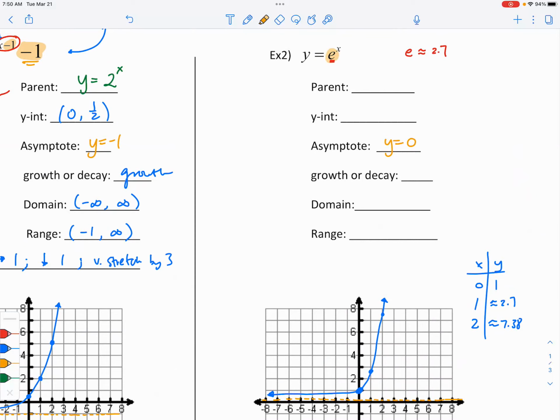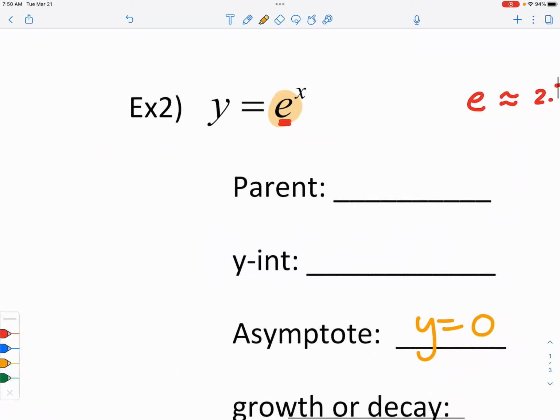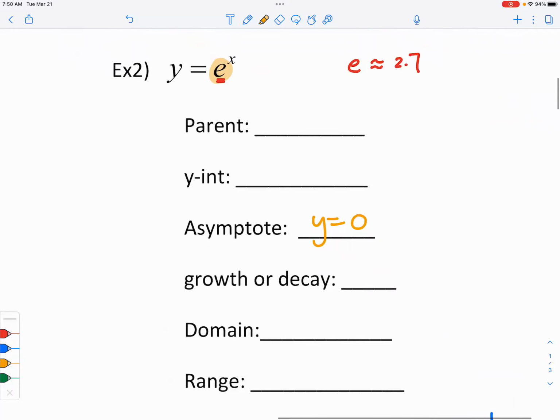You look at an exponential function, you have the base and the exponent. If the base is a number that is bigger than 1, then it's going to be a growth, because when you multiply by itself, it's going to get bigger and bigger. And what's the y-intercept? It's going to be 0, 1. We just did it.